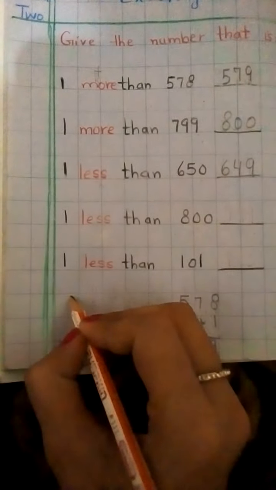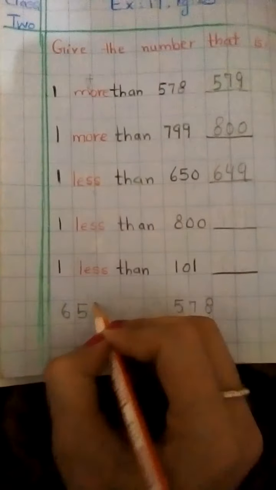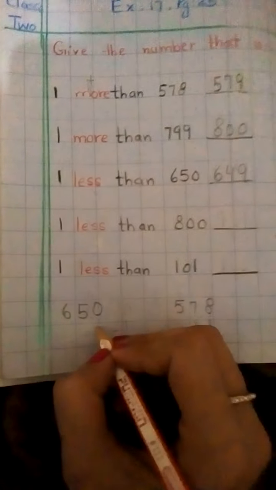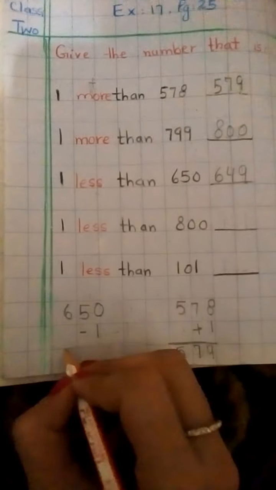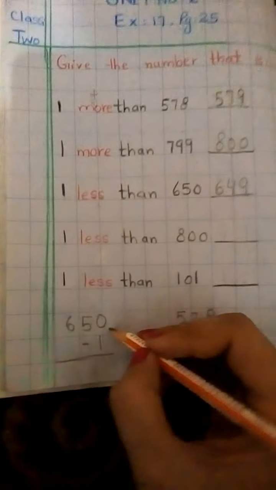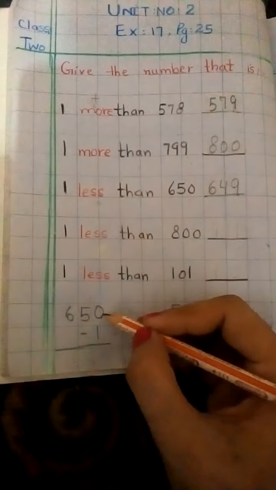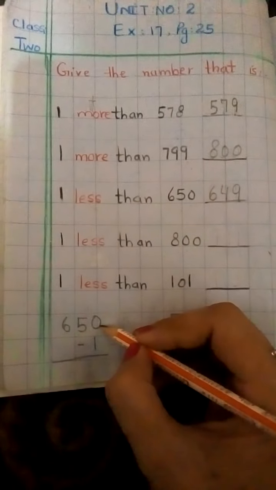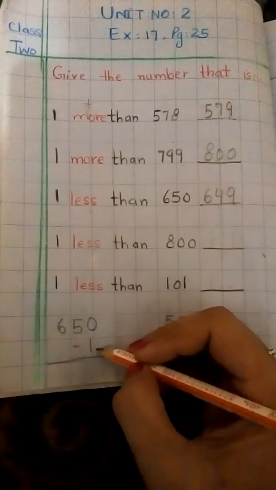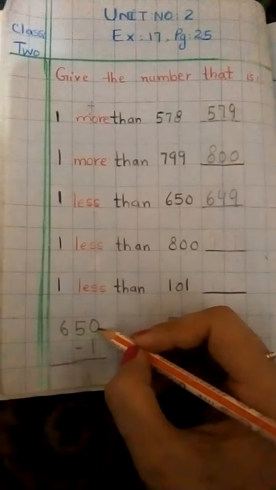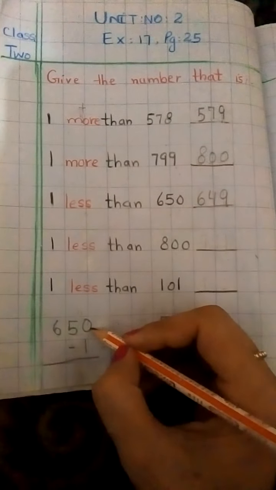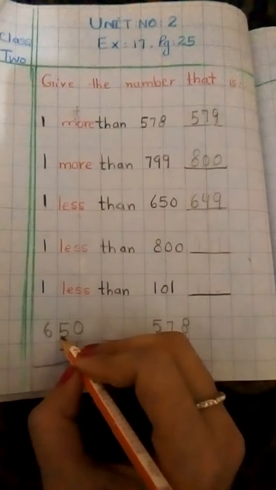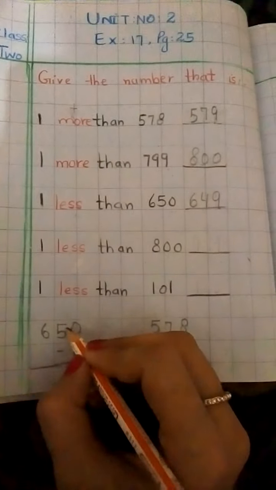I am writing here 650 and you have to deduct one number. So you can see here 0 means nothing. You cannot minus any number from 0 because 1 is greater than 0. So you cannot minus one number from 0. First of all, you have to carry one number from the 5.